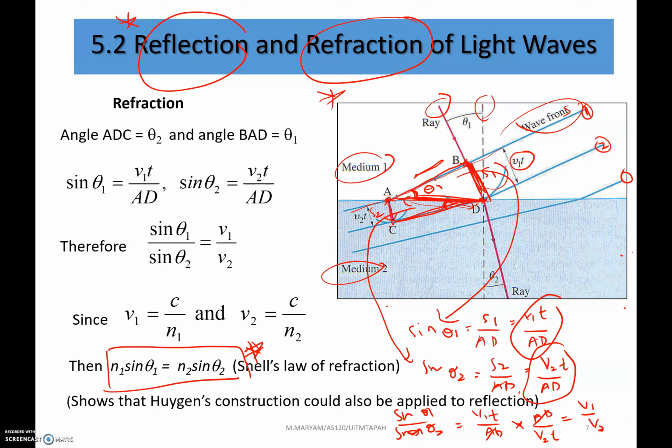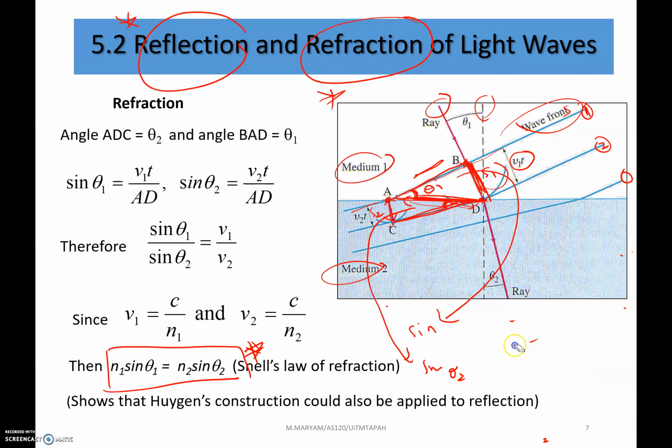Where did my t go? It can also be cancelled out. So simplify the equation, and I'm going to wrap this up. So I'm going to simplify the equation of sine theta 1 over sine theta 2 equivalent to V1 over V2.